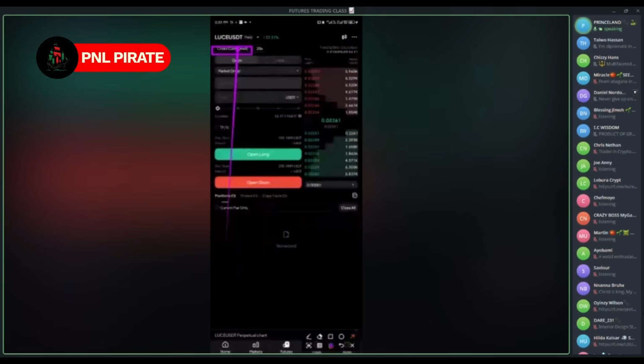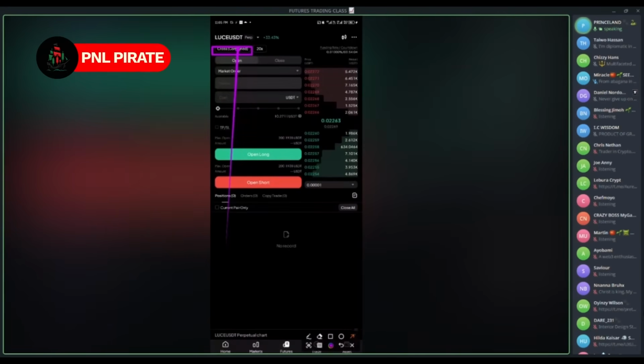My strategy is solely for isolated margin. I will explain the difference between isolated margin and cross margin. My strategy works with cross margin. Forget about isolated margin. And you can also use cross margin to be isolated.